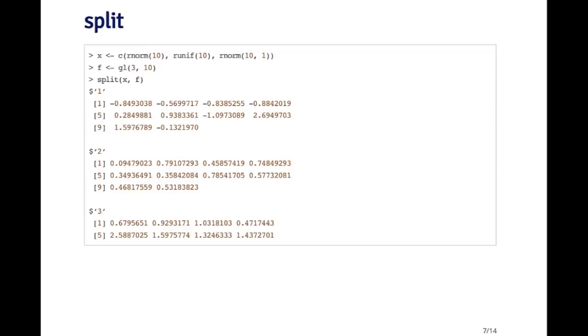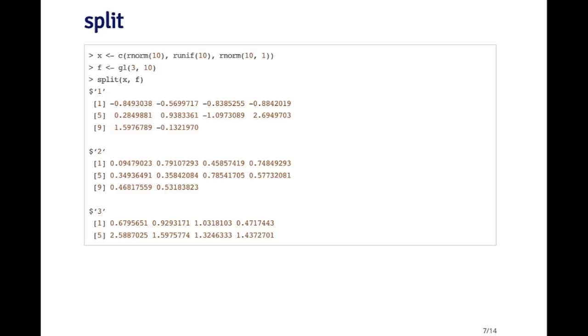So here, this is a simple example similar to what I had before with the tapply example. I've simulated 10 normal random variables with mean 0, 10 uniforms, and 10 normals with mean 1. And I'm creating my factor variable here. And now I'm just going to split the vector into 3 parts because the factor variable has 3 levels.